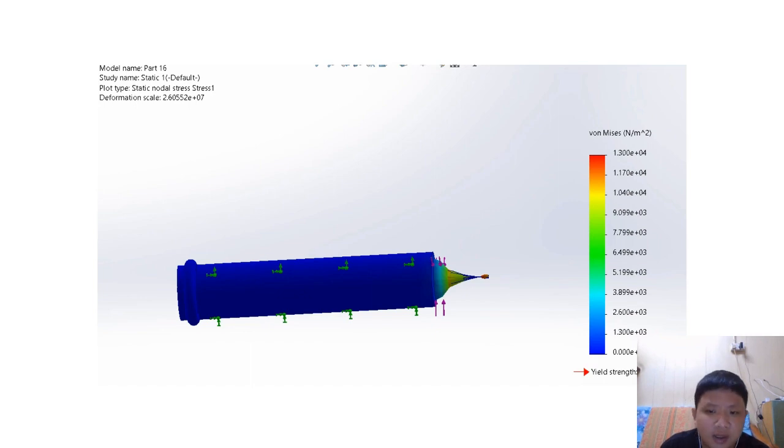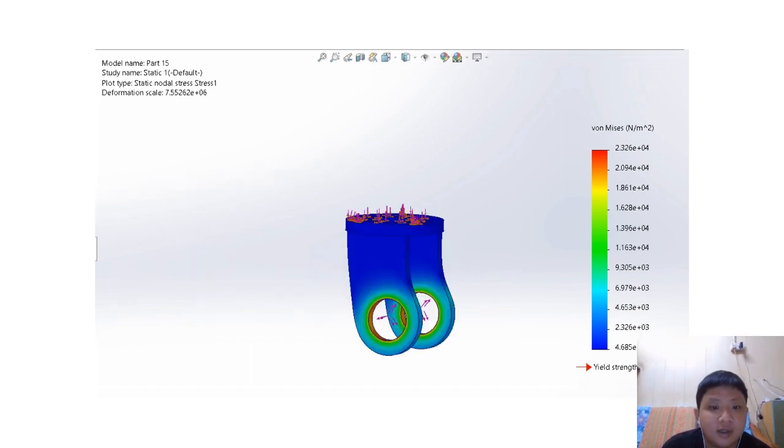Sorry, my camera hid the yield strength already, so it is not visible. This one is for the part that holds the roller. The arrow represents the force that the part is going through, and what we can see is the stress and the strain that the part is going through.